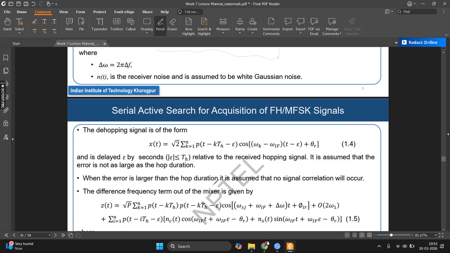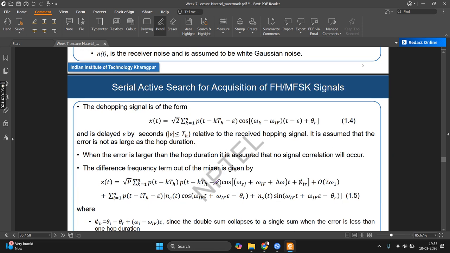So the dehopping signal will be something like p(t minus kth) cos (omega k minus omega IF). Here again we are multiplying with the omega IF, which is the local oscillator type frequency. The intermediate frequency it is called. So we are dehopping using that.